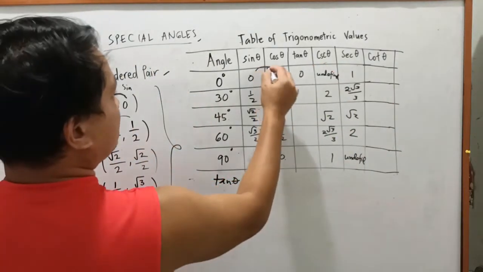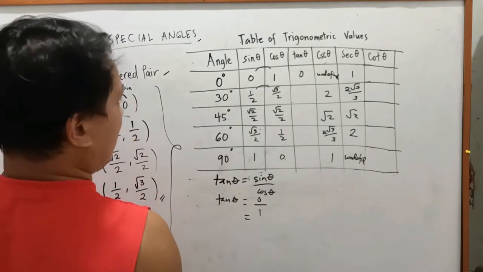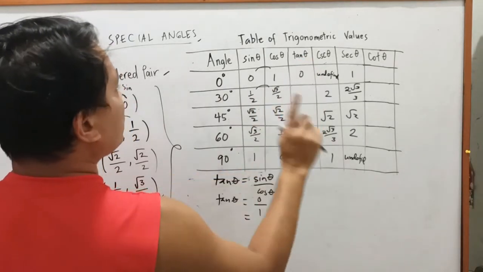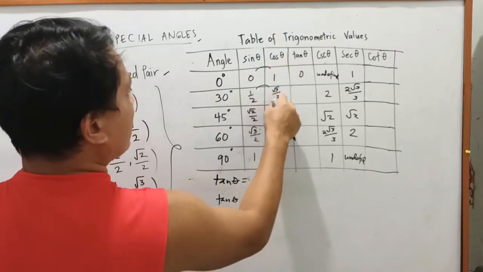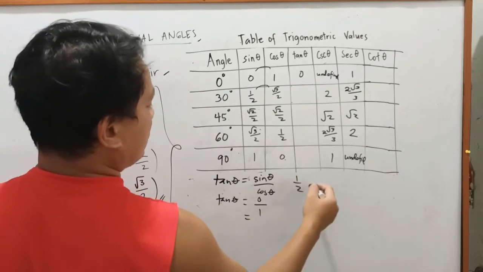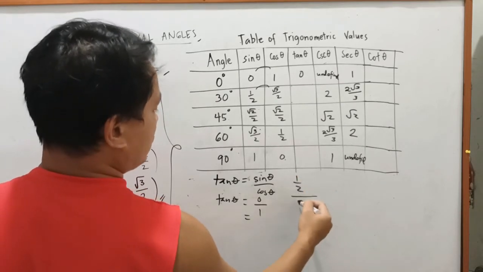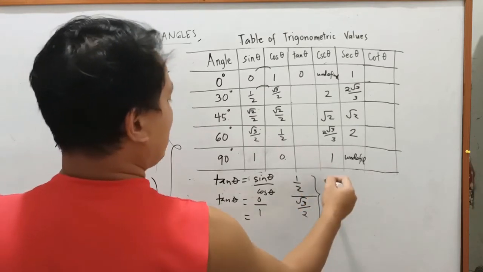How about this one? Sine over cosine. Again, the value of tangent is when you divide sine theta by cosine theta. 1/2 divided by square root of 3 over 2. Nagkaroon tayo ng complex fraction. What will happen?